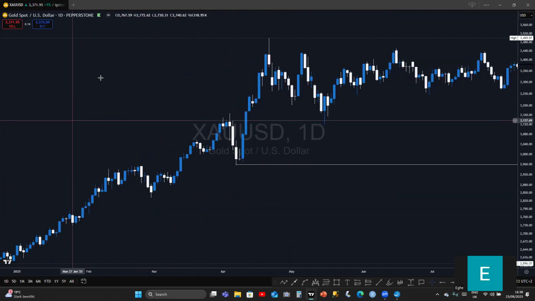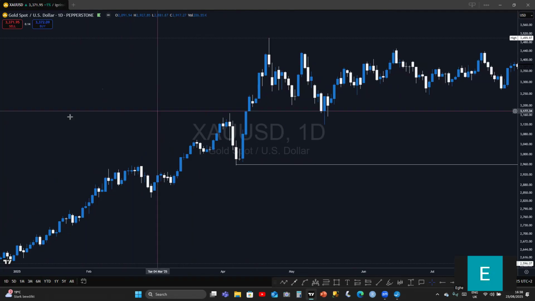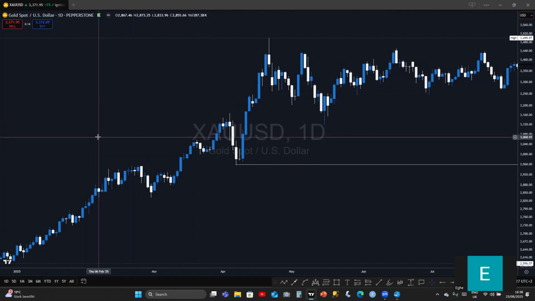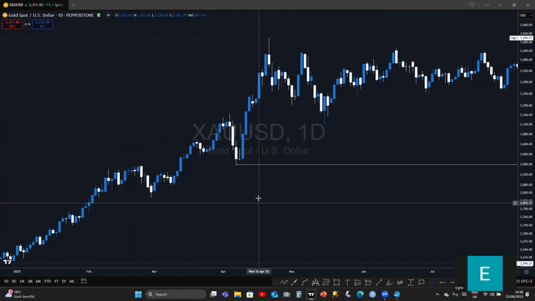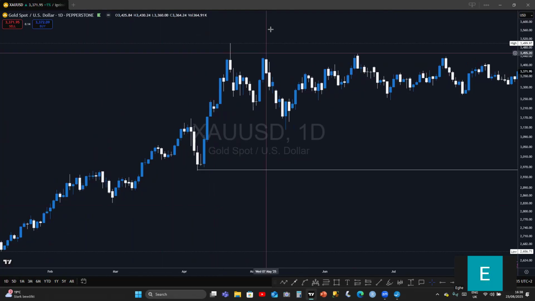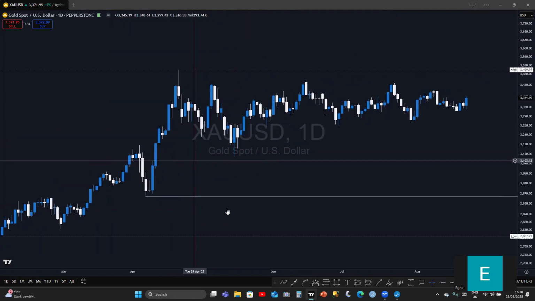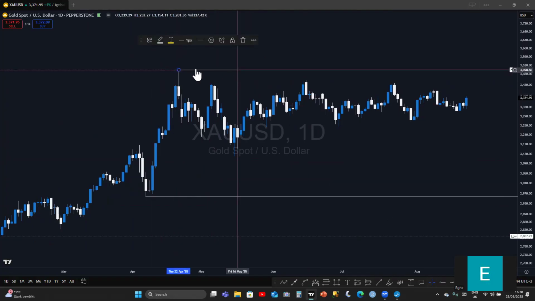Remember, when we use the word support level, we are simply saying, like the instance I gave you, like a floor. Then a resistance level is like a ceiling. So here is the highest level price has gotten to.